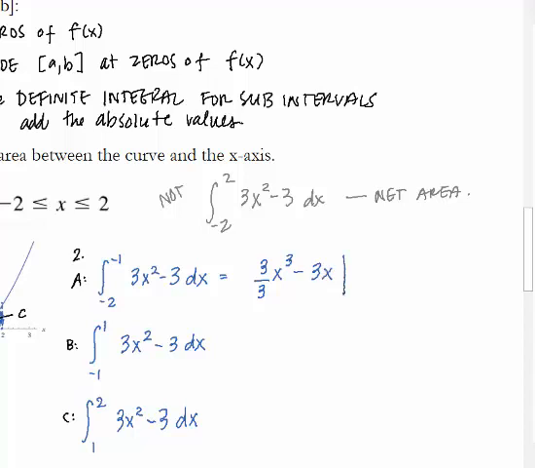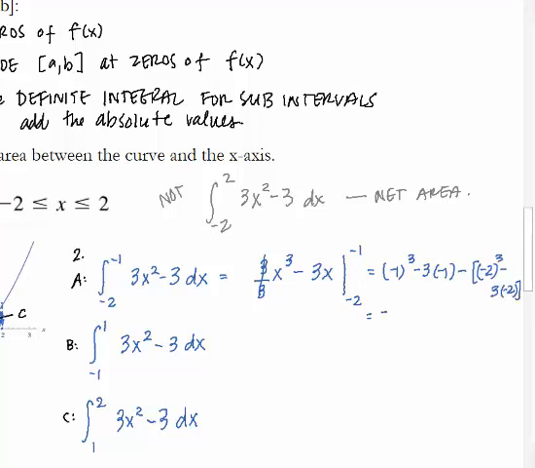Then we're interested in evaluating this from negative 2 to negative 1, which means plug in negative 1. So I'm going to get rid of this 3 over 3 and say I have negative 1 cubed minus 3 times negative 1 minus negative 2 cubed minus 3 times negative 2.